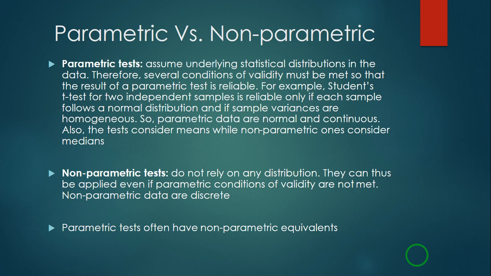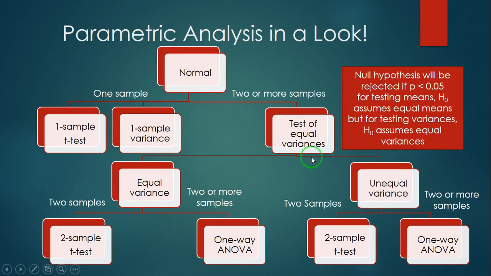Parametric tests often have non-parametric equivalents, and I will talk about it in depth later. For testing normality and homogeneity of data, you can watch my first video on cleaning and preparing data. Here is an overview of parametric hypothesis tests.